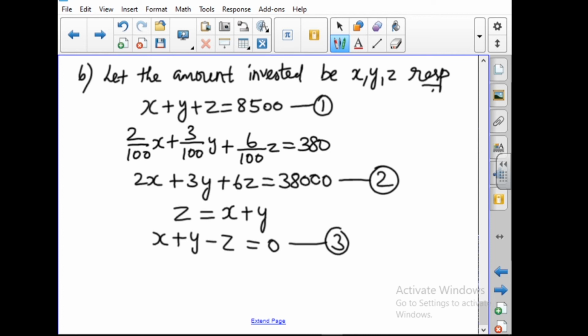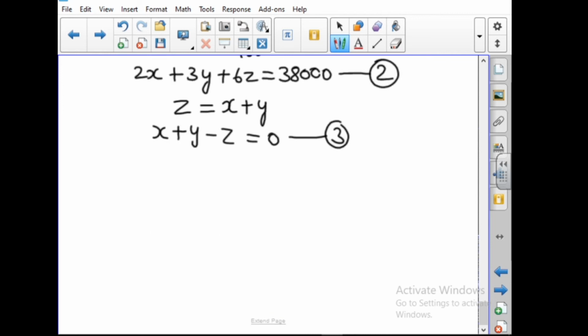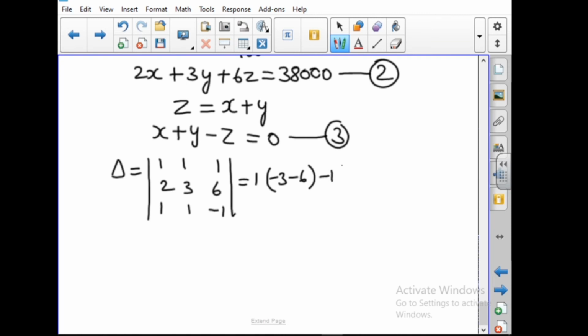So we are going to find out delta, delta x, delta y and delta z. So delta is equal to the determinant 1, 1, 1, 2, 3, 6, 1, 1, minus 1. So what's the answer for delta? 1 into minus 3 minus 6, minus 1 into minus 2 minus 6, plus 1 into 2 minus 3.